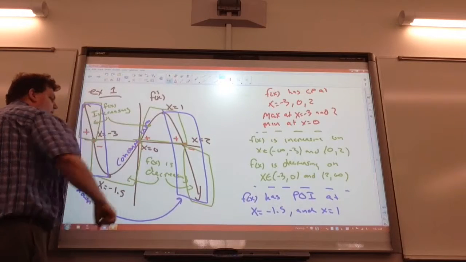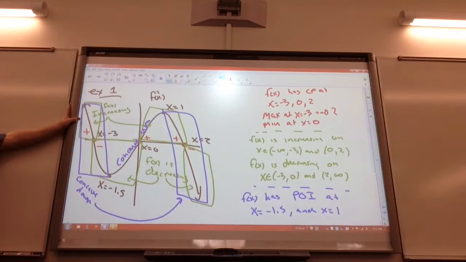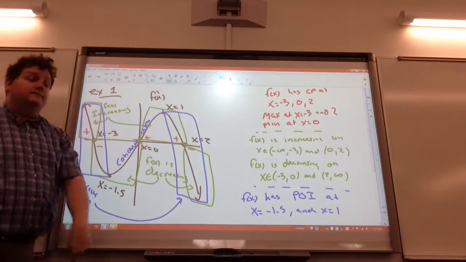So what about in the middle though? Okay. So in the middle, I'm concave up. Concave up from negative 1.5. Okay. So concave up is when the graph of the derivative is going up. Yes. Okay. So it's concave up on the interval from negative 1.5 to 1. Yep.